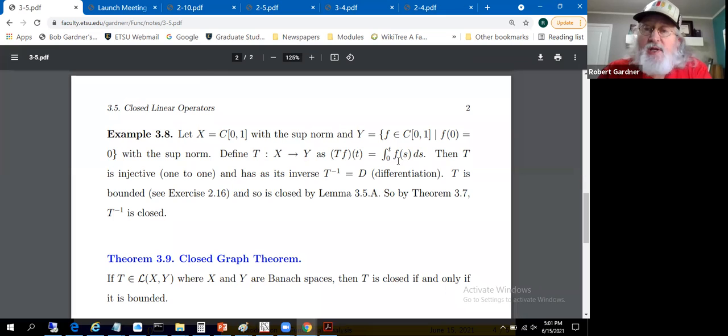It's also going to be continuous by some theory of calculus 1, since it's differentiable, so it's continuous. And when you plug 0 into this new function that you're producing, you get 0 out. In other words, that new function lives in Y.